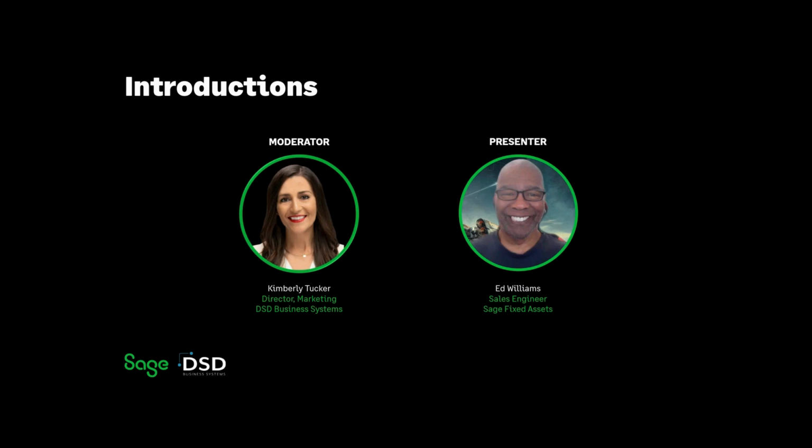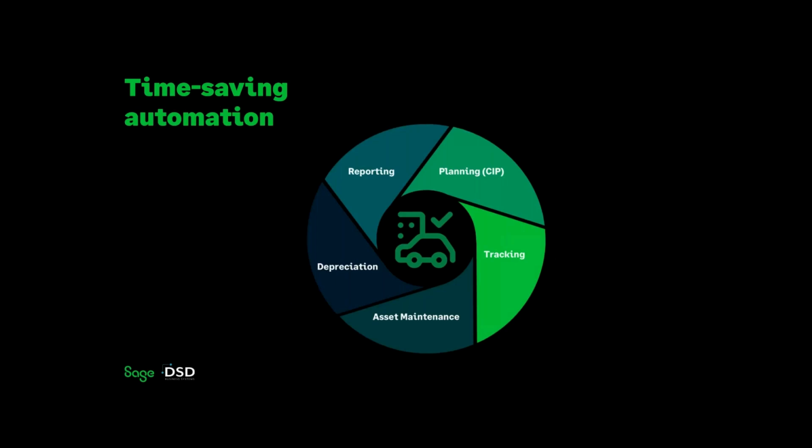Good afternoon, everyone, and welcome. My name is Ed Williams. I am the sales engineer for all of the Sage Fixed Assets account managers. I am also a Sage Fixed Assets certified implementation consultant. Today, we will be talking about time-saving automation features of the Sage Fixed Assets suite, which has 4 modules.